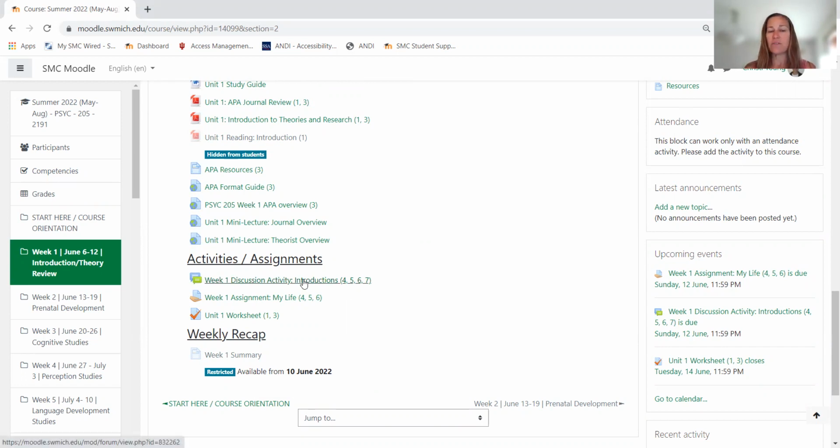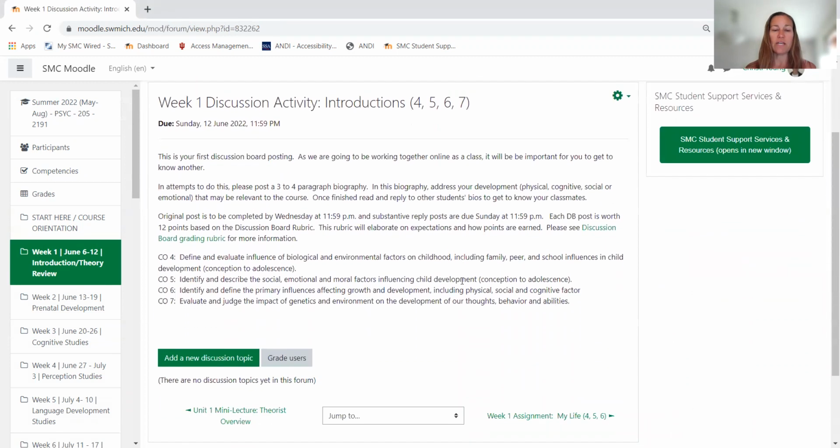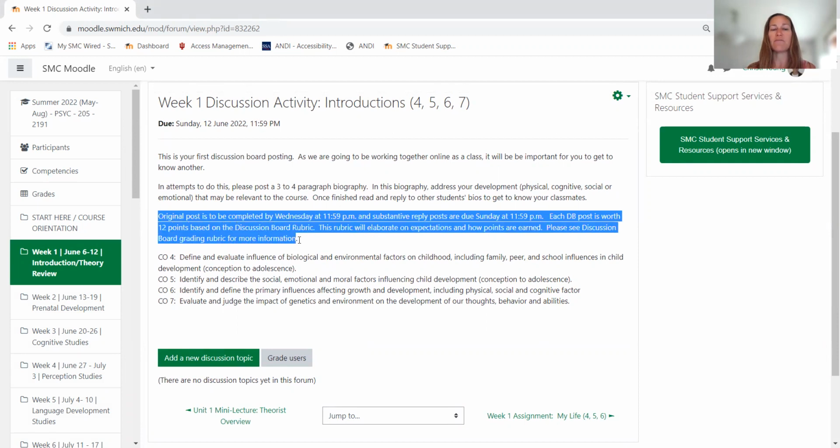The first activity that you have is a discussion activity where you will be introducing yourself. Note the due dates on these. It mentions it right up here. So this is due Sunday, June 12th at 11:59, but also note this specific info here. There are 2 due dates for every discussion board posting.